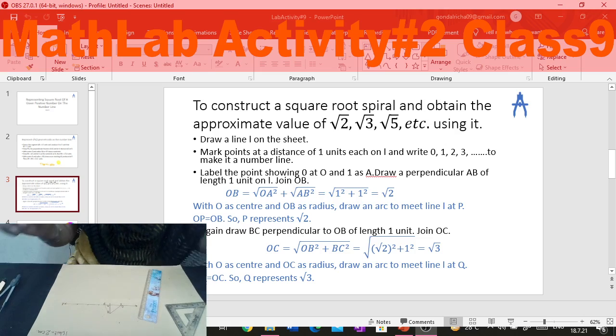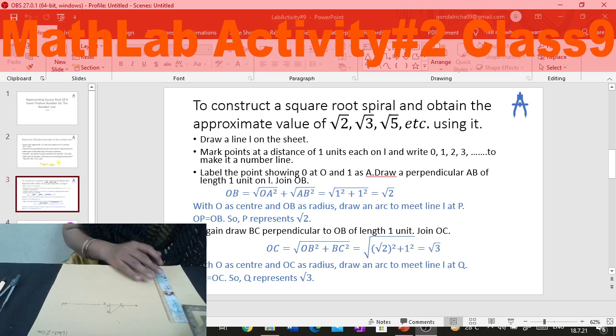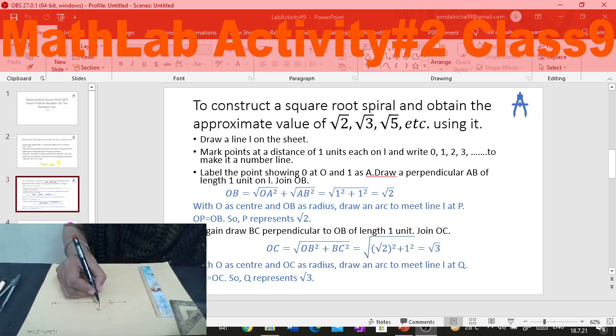Now, you know very well, according to the Pythagorean theorem, h square is equal to the sum of p square and b square. Here triangle OAB is a right angle triangle at point A, that means this is 90 degrees.